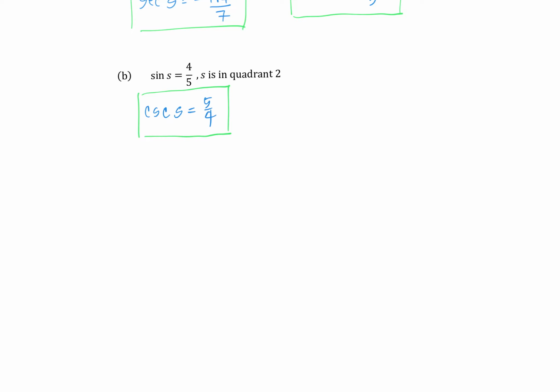So let me write it as cosine squared s plus sine squared s equal to 1. So cosine squared s plus sine is 4 over 5, and I'm squaring it. That has to be equal to 1.